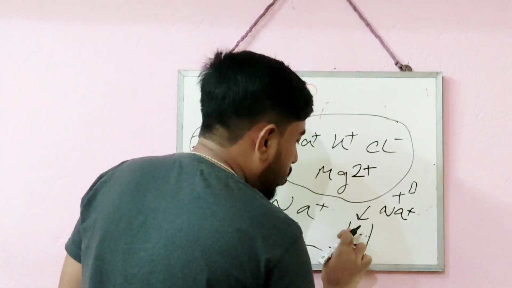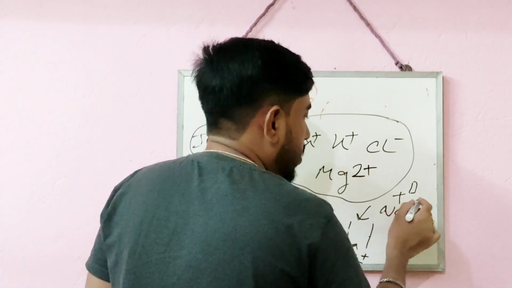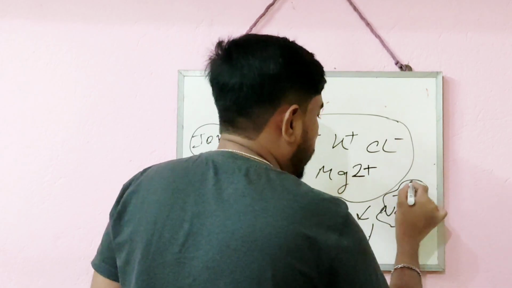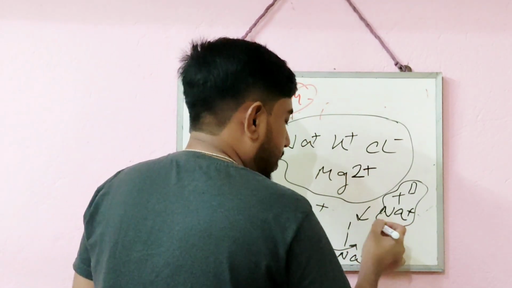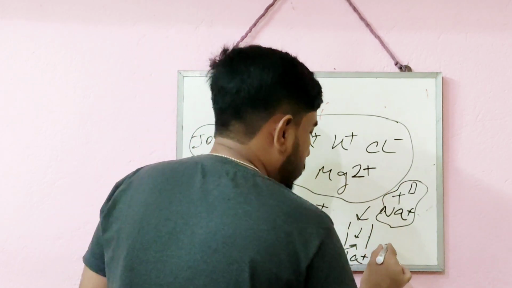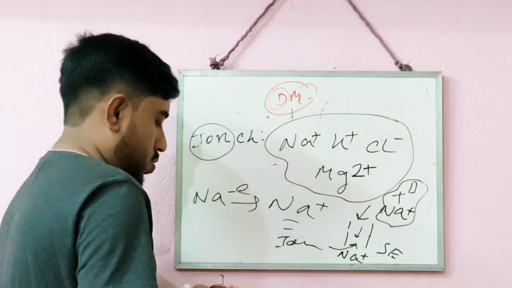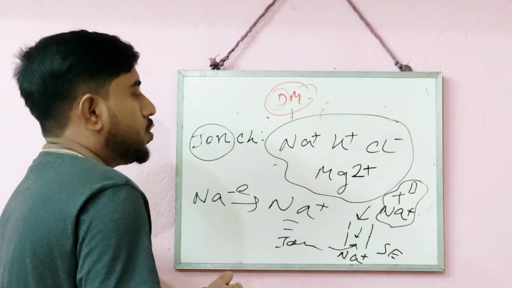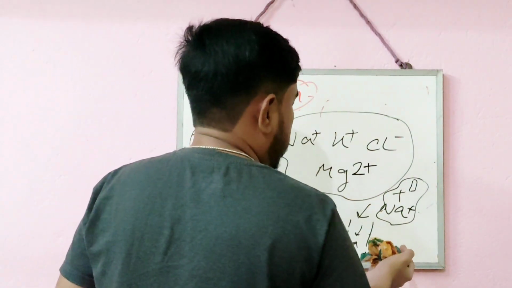If that channel is open, that means the drug which is bound with that sodium or any ion can, through that channel, easily enter into the site of action and show its action. So that is how an ion is going to bind to a drug and show its action.